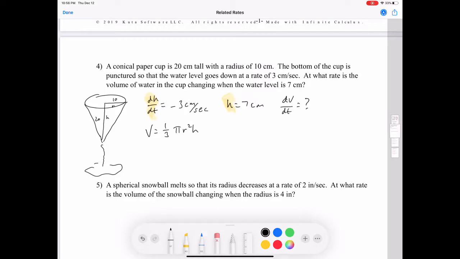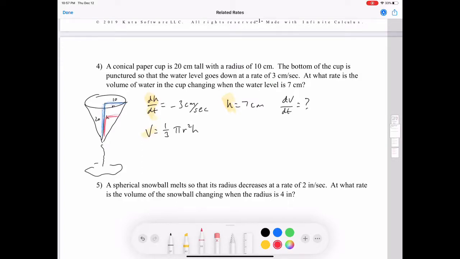Now the hint is that I don't want to deal with all 3 variables. We could, but as you can see in the problem, there's nothing to do with r here except our original r. So we're going to go ahead and use a trick about switching r's for h's. And here is the trick. If you look over here at this triangle, see that? As the triangle shrinks, it will follow the same ratio.